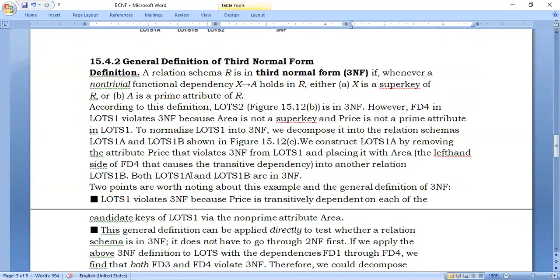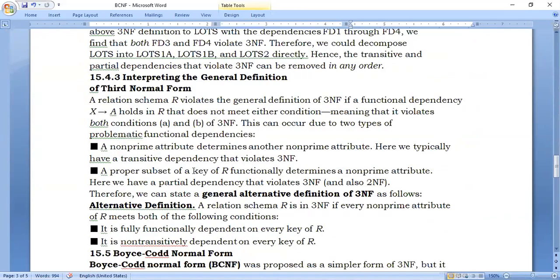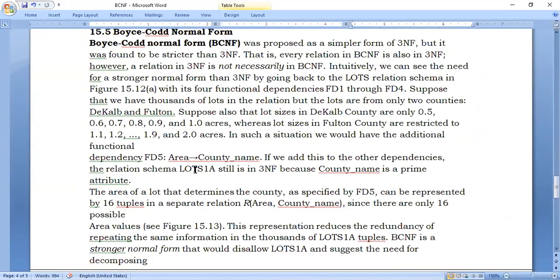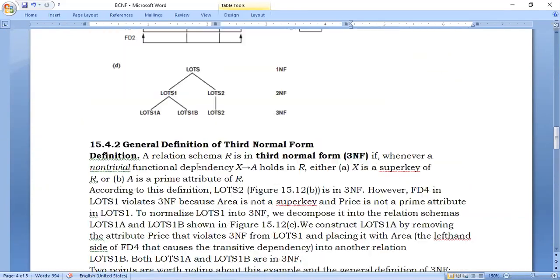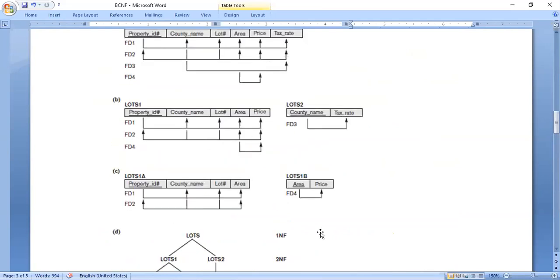Let us try to understand that the price of a particular lot is fixed for a particular area.